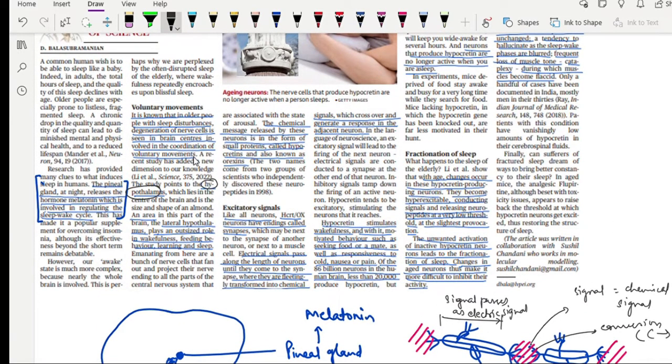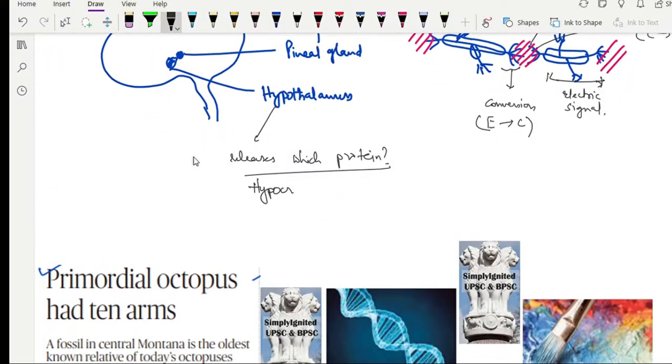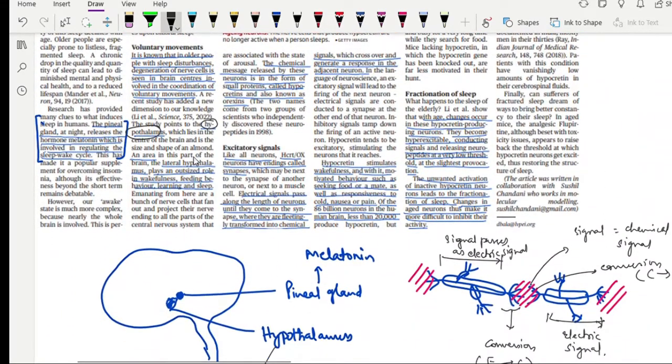It is known as hypocretin or orexin. The two names come from the scientists. The OX is the name for this protein only, right?